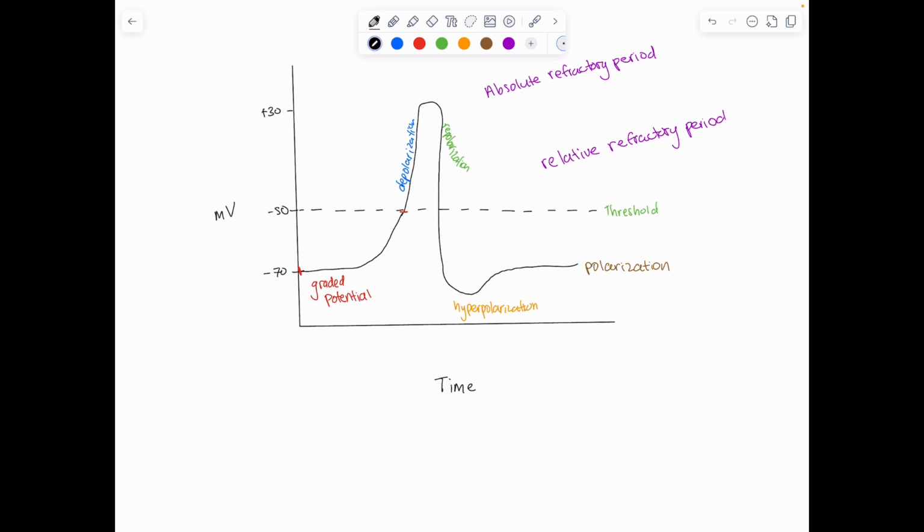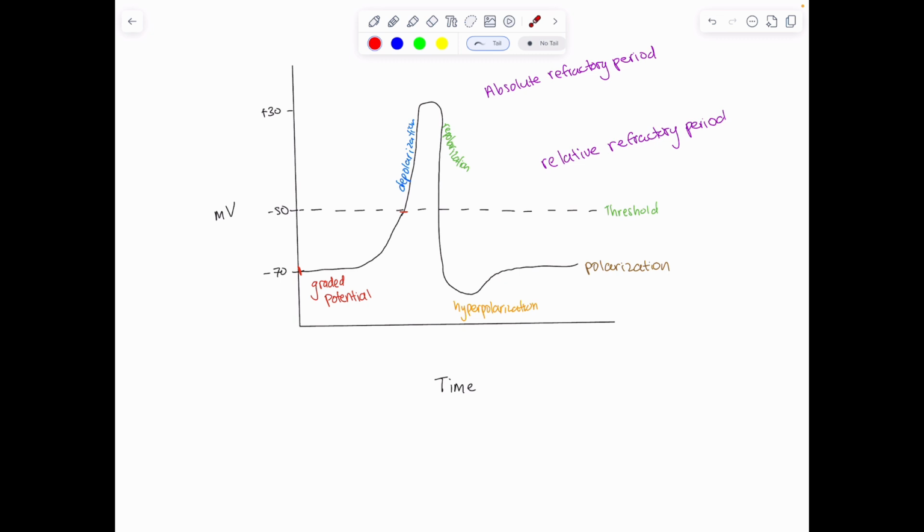Right here at the beginning, it's the resting membrane potential. Like we just talked about, not a whole lot is happening. There are always potassium leak channels open, which cause that negative 70 millivolts, but nothing else is happening. Once the stimulus is strong enough and hits this negative 50 at threshold, that is when the sodium voltage gated channels activate.